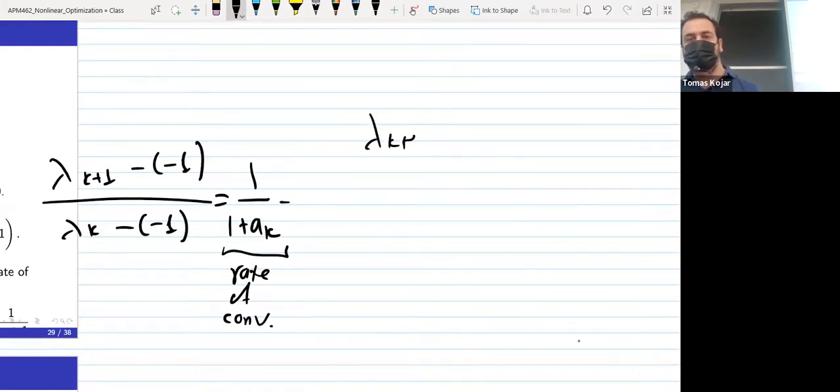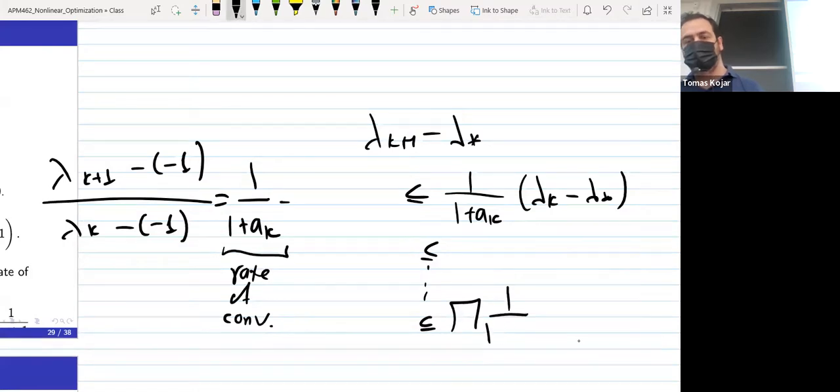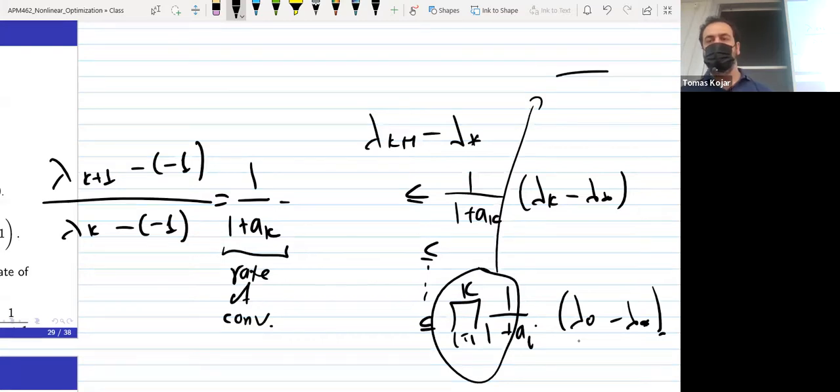So you have lambda k plus 1 minus minus 1, if you like lambda star, equals 1 over (1 plus a k) times (lambda k minus lambda star), and you keep solving it till you have all of them. Okay. And if you take them all to be the constant c, this guy becomes 1 over (1 plus c) to the power k. So it goes to 0.